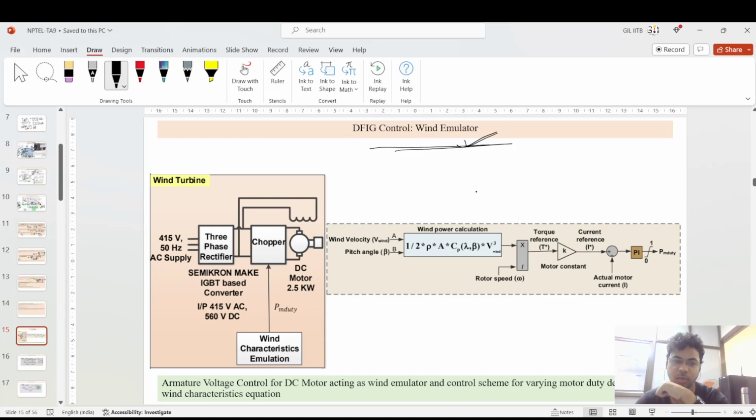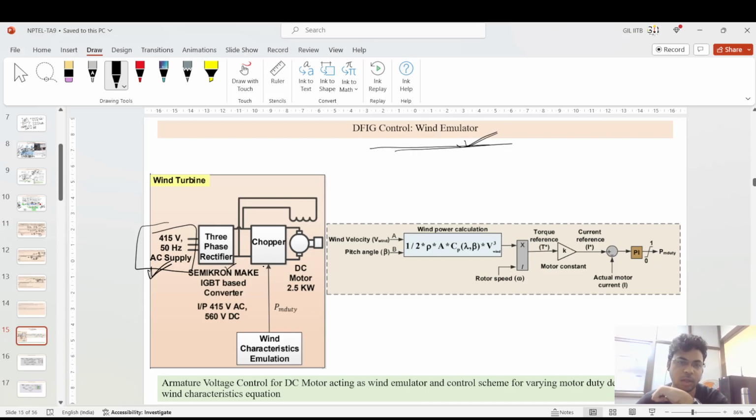The other side, in the sense of the controller: how the emulator is actually fed and how this control is done in these emulators. As I have told, there are two sides. One is the rotor side converter and the second is the grid side converter. In between both, there is a DC link capacitor which has to maintain the voltage at a constant level.